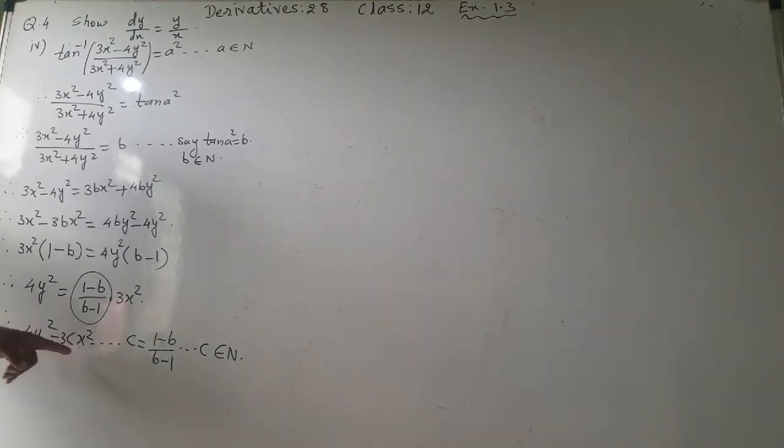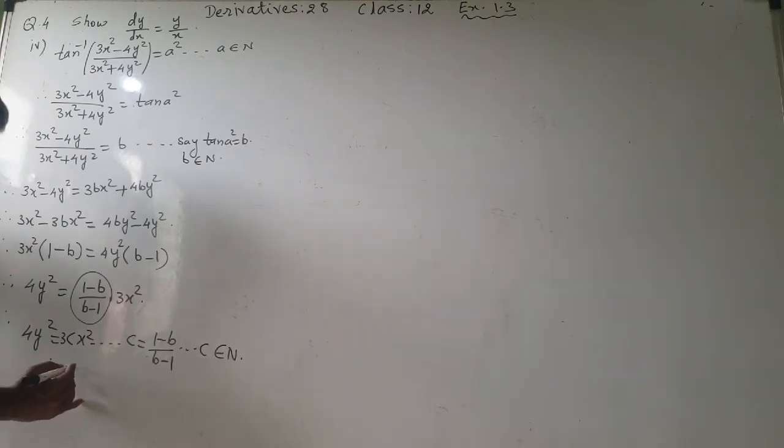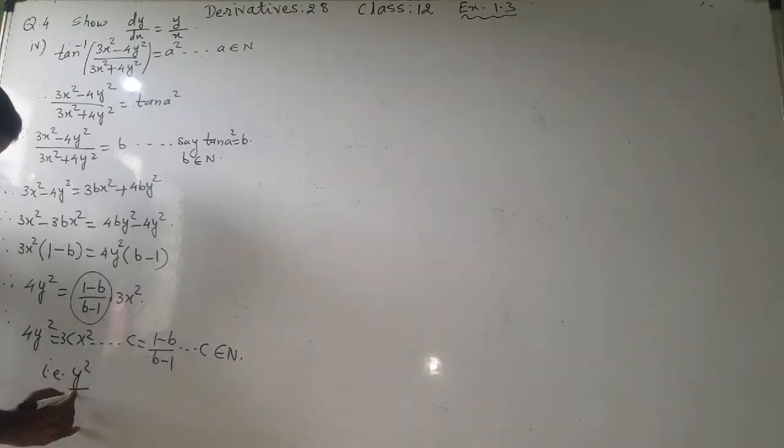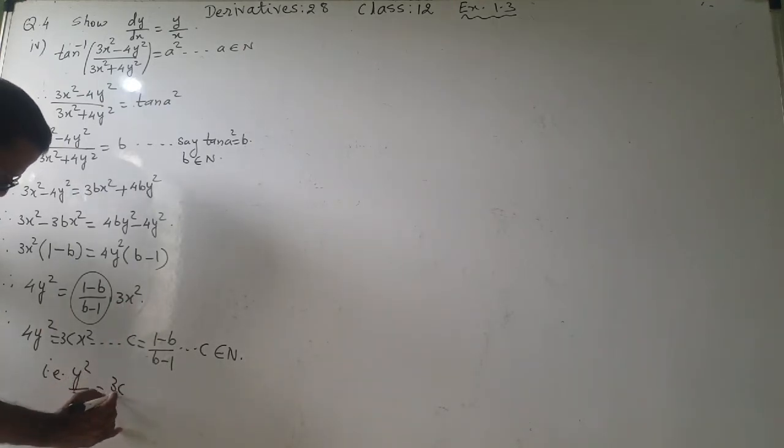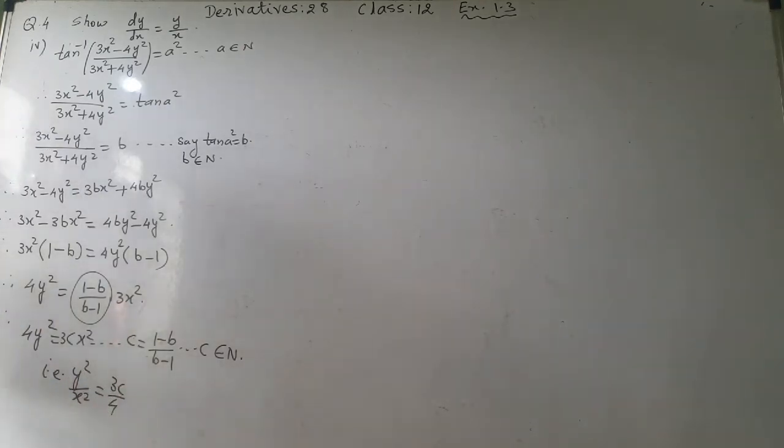Now this will be y square upon x square is equal to what? That is y square upon x square is equal to 3c by 4. Check this. This will become here 3 by 4.